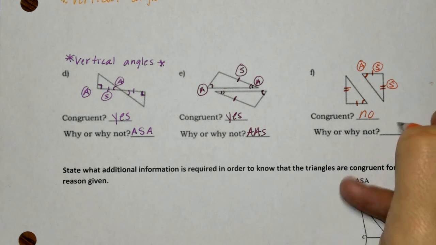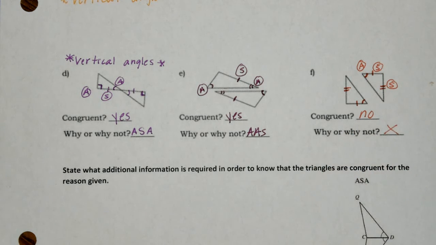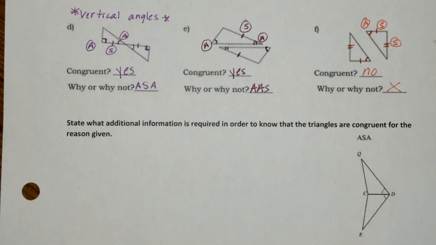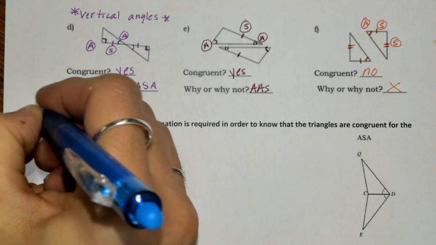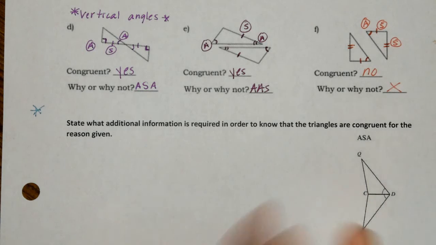then we do not have congruent triangles. One thing that I do want you guys to note that's going to be very, very important is that any time that you have two A's and an S, two angles and a side, you're going to have congruent triangles. It's either going to be AAS or ASA. So we can put down here a little asterisk there.